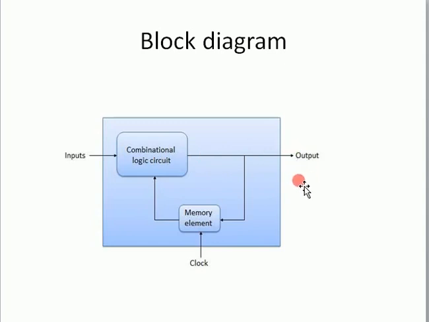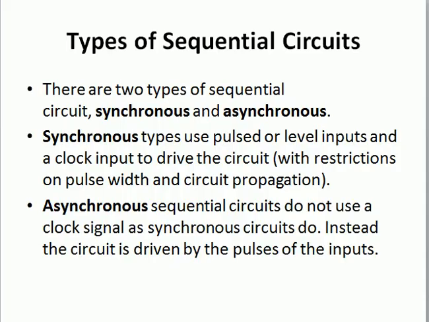So in this circuit the present output depends upon the present input as well as the previous output. The previous or past output now becomes the input. That's why we say it depends upon the output and the input. Such types of circuits are known as sequential circuits.